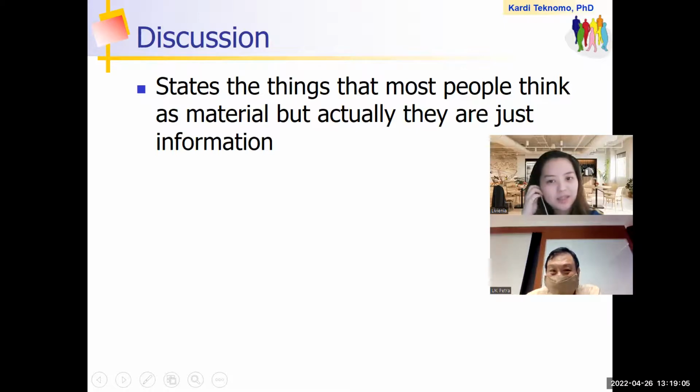My first example, money: information or material? Material. Material, because you can see the money, right?